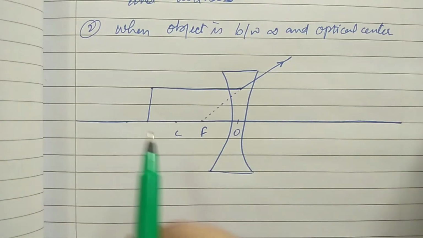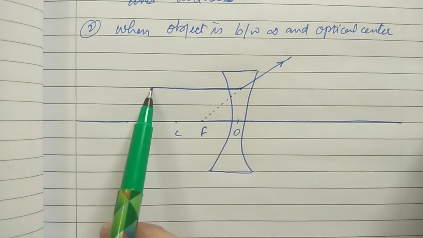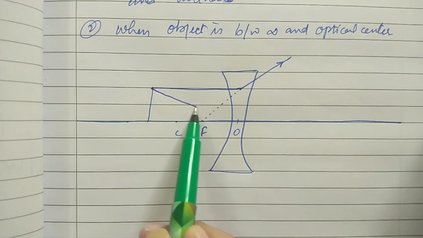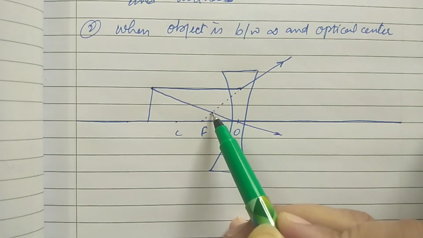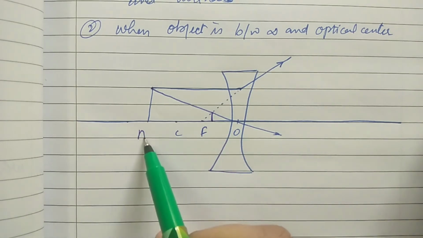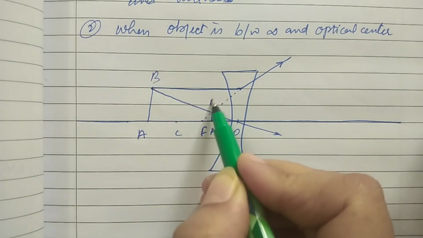In this way, the second ray we can consider to pass through the optical center. Now you can see these two rays would appear to meet at this point. If this is the object AB, this is the image A dash B dash.